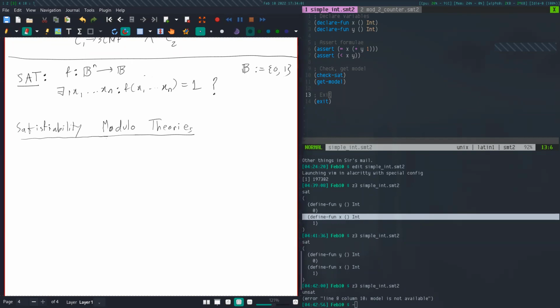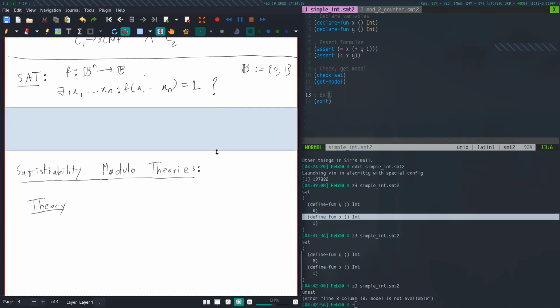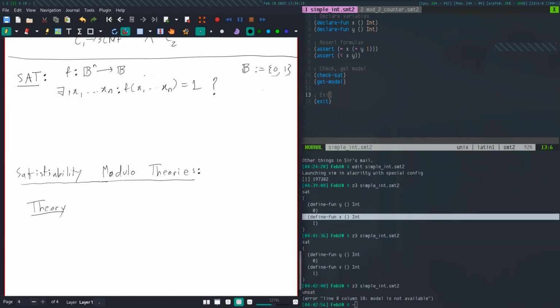What you have here is some theory which defines some object more complicated than 0 or 1. In the SAT case, we have implicitly defined what this 0, 1 thing is. We have defined what true and false mean by defining the semantics of the operators and, or, not, and so on.